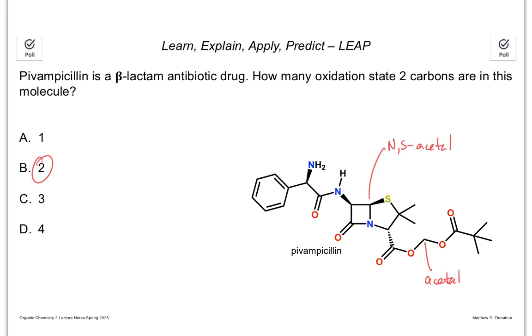So this molecule is not the active form of the drug. This is called a prodrug. It gets metabolized and then it forms something else. And so it's a prodrug probably based on physical properties of absorption, distribution, and metabolism.